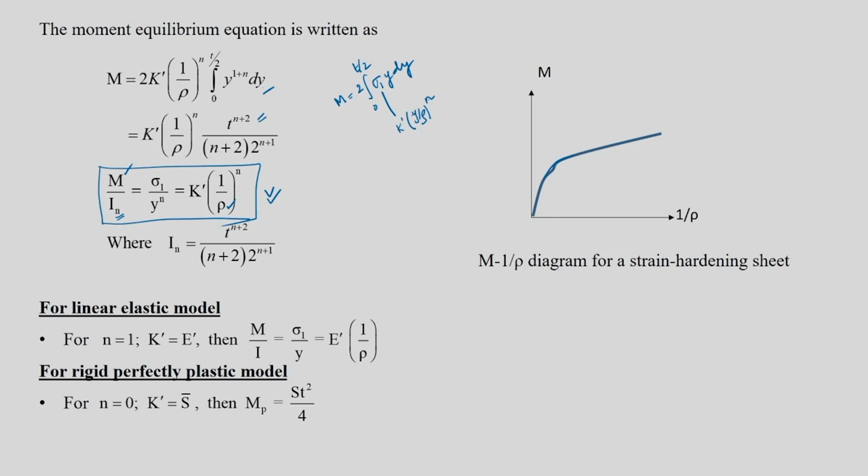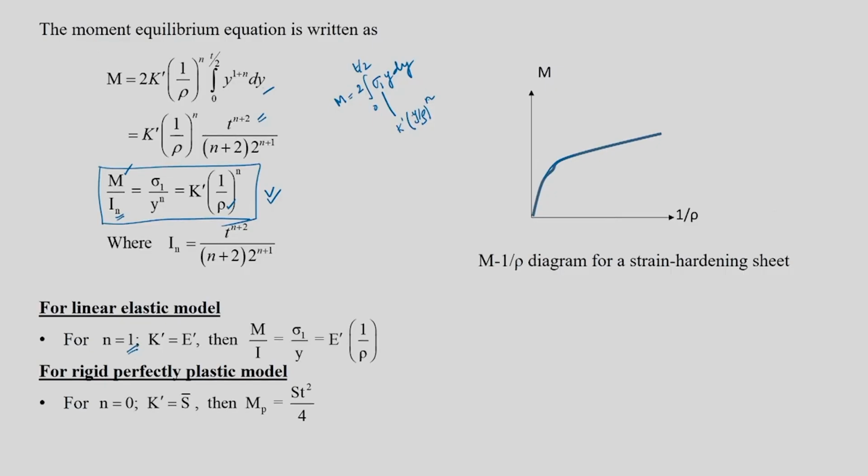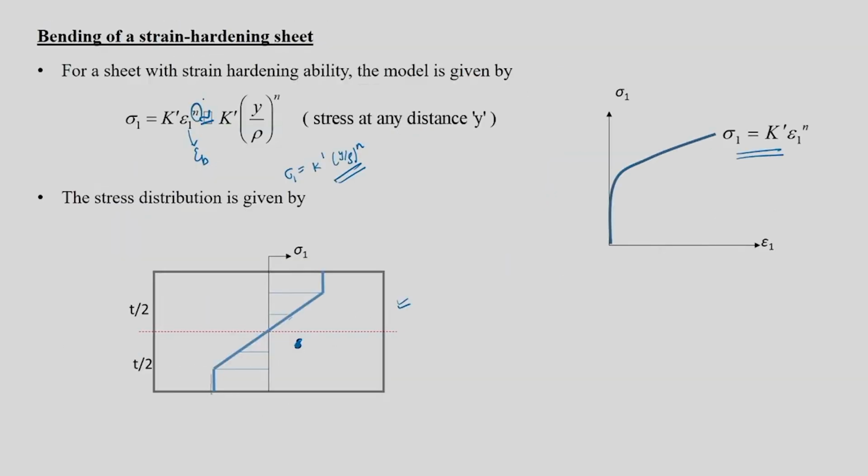So if you put 2 cases here, for example, if you put n is equal to 1, you will see that sigma is equal to k epsilon power n, isn't it? So with n equal to 1, k dash will become e dash. It is nothing but sigma 1 equal to k dash epsilon 1, which is nothing but e dash only, which you have defined before.